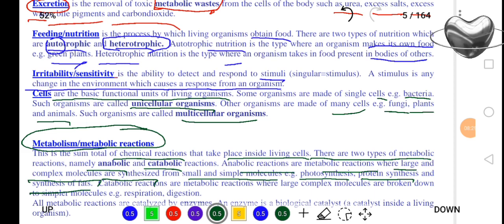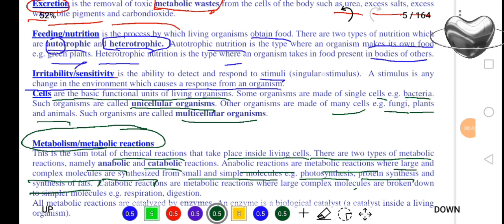So that is anabolic because we are building a large complex food substance such as glucose from simple molecules, water and carbon dioxide.